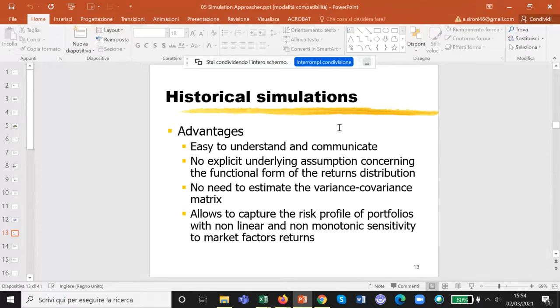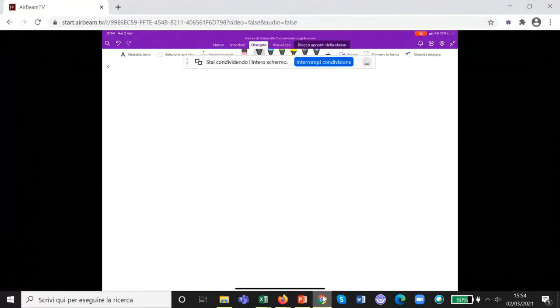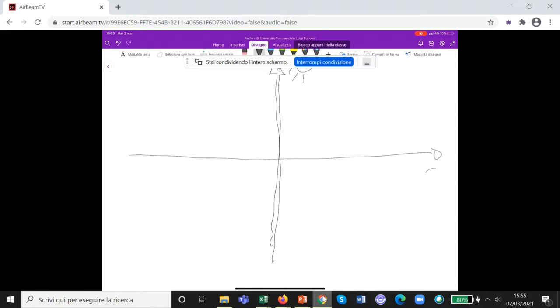Now, to give you an idea of the problem of non-monotonic portfolios, let me give you a very simple example. I assume I have a portfolio which has this kind of sensitivity. Say it is an option portfolio, that's the payoff, and that's the underlying asset price.